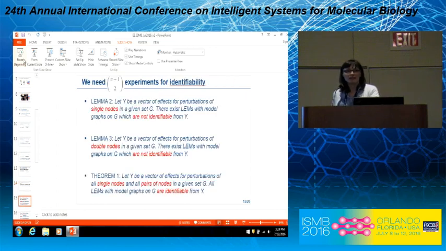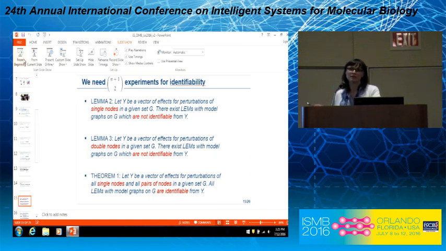We studied that problem in the paper, and so you have these lemmas here. They tell you that it's not enough for identifiability to have only single nodes perturbed. It's not enough to have all pairs of nodes perturbed. You get identifiability of LEMs if you perturb all single nodes and all double nodes.